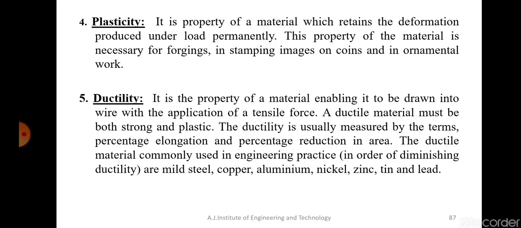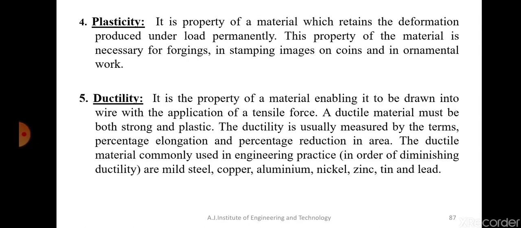If you want to change the shape of that material, then it has to undergo plastic deformation. That means when you are heating that material and we apply force onto that, when we hammer it or any other force is applied on that, if the deformation whatever is occurring becomes permanent, that means it stays in that deformed shape, then it is easily made into any particular shape, isn't it?